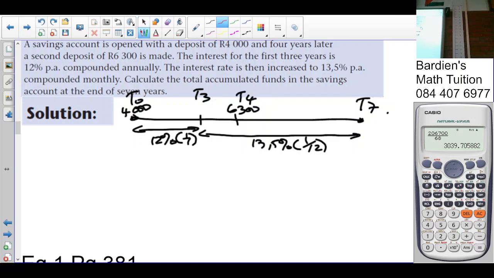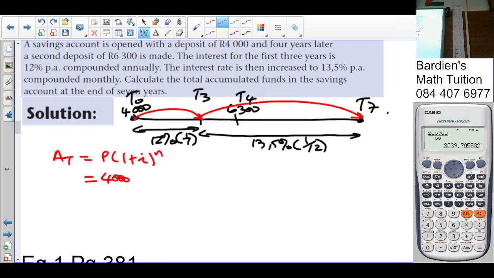So I consider the 4,000 Rand. I start with the interest rate changes for 4,000 Rand, firstly for 3 years at 12% per annum compounded annually. Then I take it to the end. So A total is P into 1 plus i to the exponent n, so this is compound interest. It's 4,000 Rand into 1 plus 0.12 over 1 to the exponent 1 times n, which is 3 years.